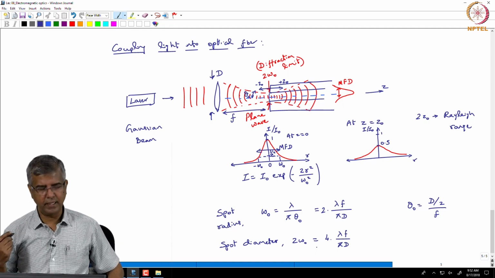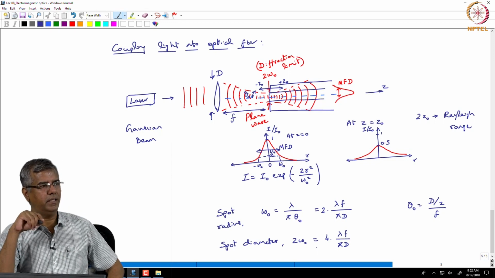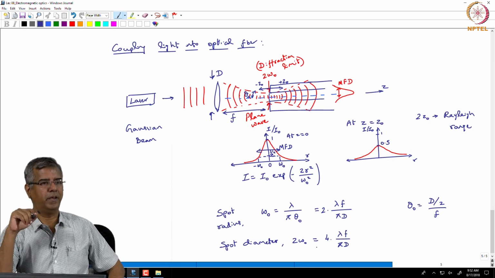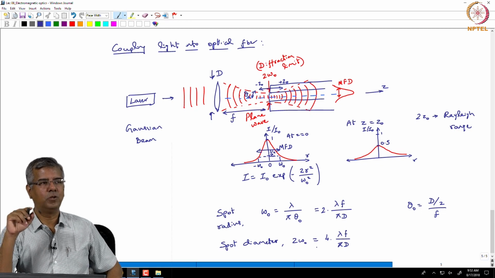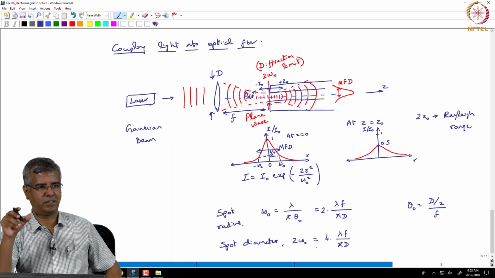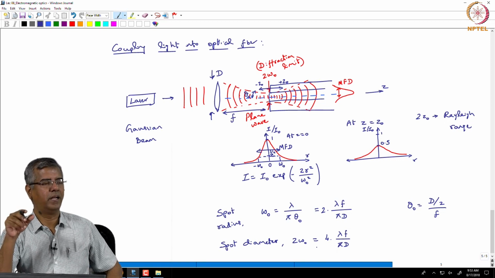Of course, you can get a smaller spot diameter if you go to shorter wavelength, which is a very important concept when it comes to semiconductors. If you are making semiconductor chips, you want to define features, and you go through a process called lithography.